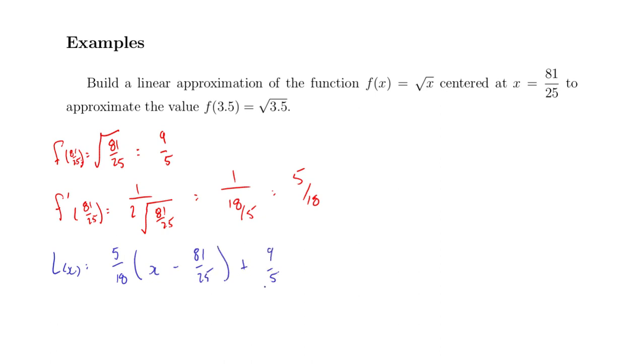Now, this is a more annoying linear approximation to work with, right? I'm probably going to need a calculator to figure out what 5/18 times 81 over 25 is. Let me think. We can cancel some stuff, right? 9 is a factor here. All right, I got this. So this is 9/10.